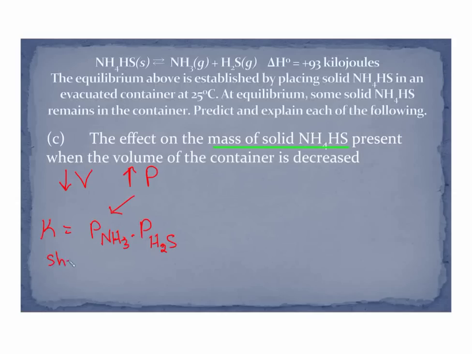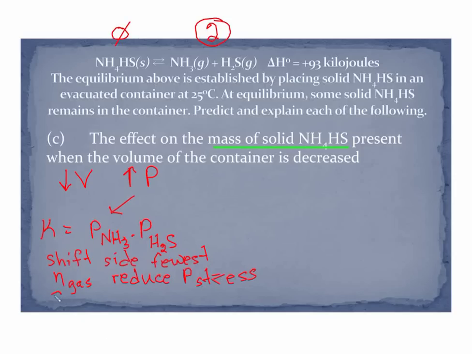An increase in pressure will shift to the side with the fewest moles of gas in order to reduce that pressure stress, right? If you reduce moles, you reduce pressure. And so the side that we would look at there then is this has 2 moles of gas on it. This has 0 moles of gas. So that means it's going to shift to make more reactant.